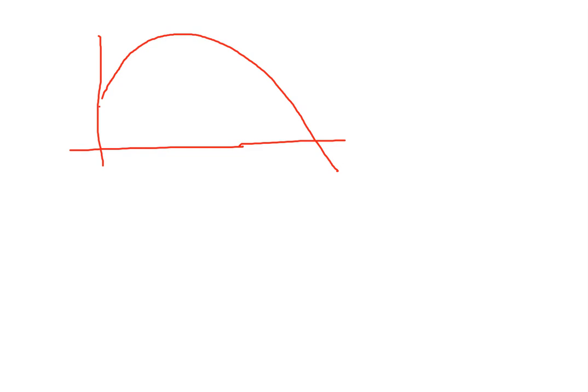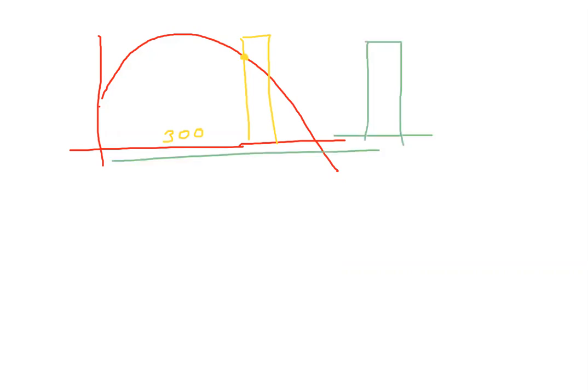So is the building here? So is this 300 so that it will hit the building before it hits the ground? Or is the building over here someplace and maybe this distance is 300 and it's going to land on the ground before it even gets to the building? That's what we're trying to decide.